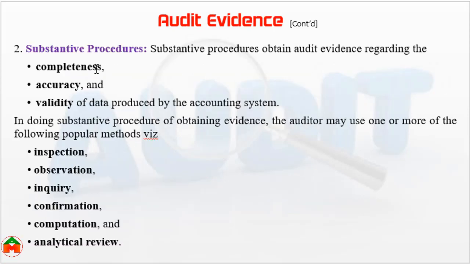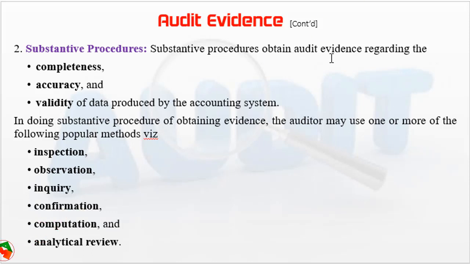On the other hand, in the substantive procedure, the auditor needs to obtain audit evidence regarding the completeness, accuracy, and validity of data produced by the accounting system.